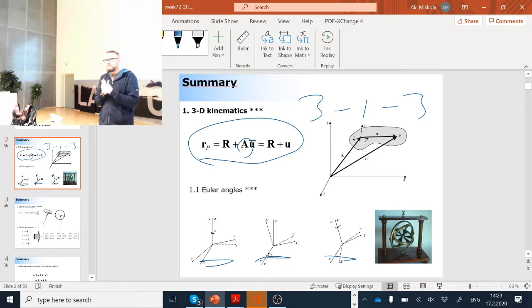Gimbal locking means that you are losing the ability to describe one rotation because 2 rotation axes become parallel. And even though the title implies locking, it's not a mechanical lock, it's just the inability to describe one rotation.